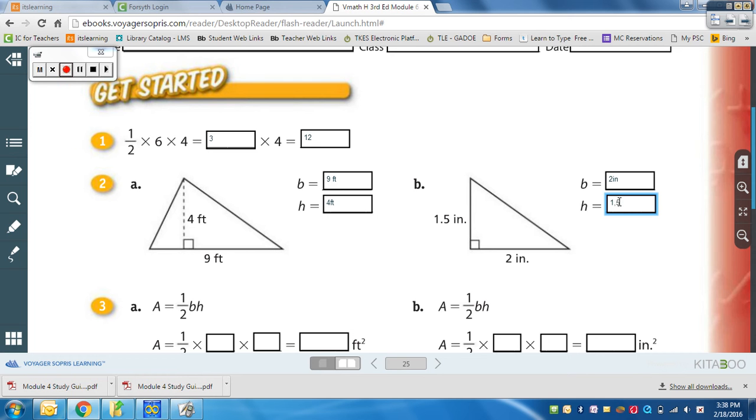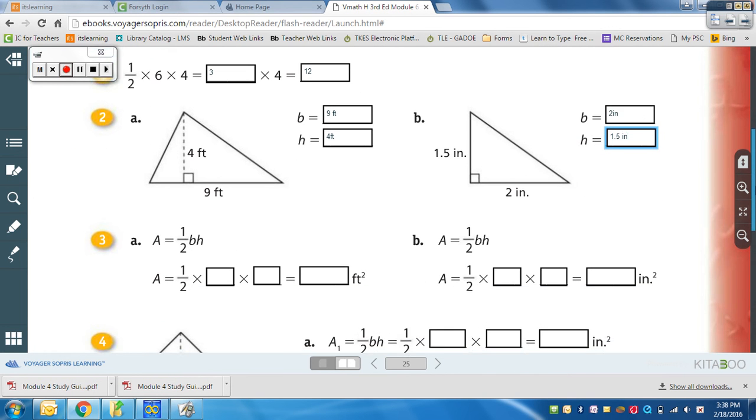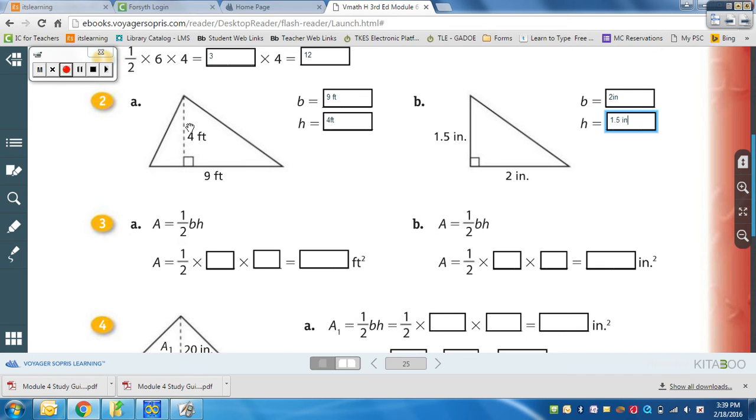Excuse me, 1.5. That is not a point. 1.5 inches. So now we know how to figure the base and the height. The dashed line from a vertex perpendicular to the opposite side, or in a right triangle, it is one of the legs of the triangle that is perpendicular to the base.